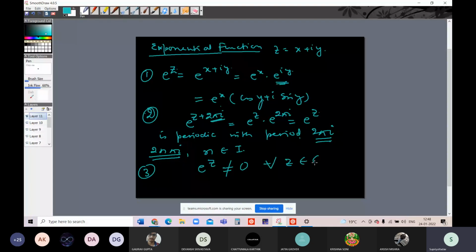Because we know that mod e to power x is always greater than 0 for all x in the real number set, because if we write the mod of this e to power z, it will be e to power x into e to power iy, and you know that the mod of e to power iy, which is cos y plus i sin y, has value always 1.